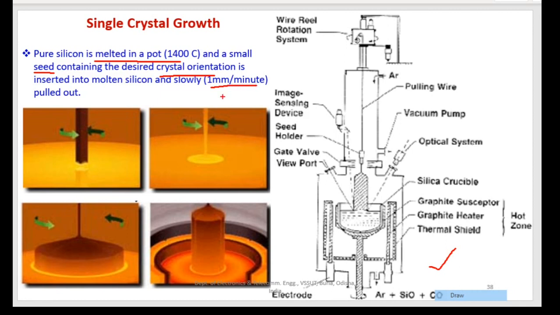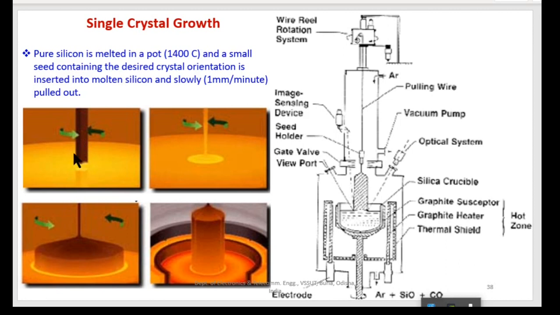The crystal orientation that we want in the silicon crystal, the seed with that same orientation is dipped into the molten silicon and then pulled out very slowly while rotating.